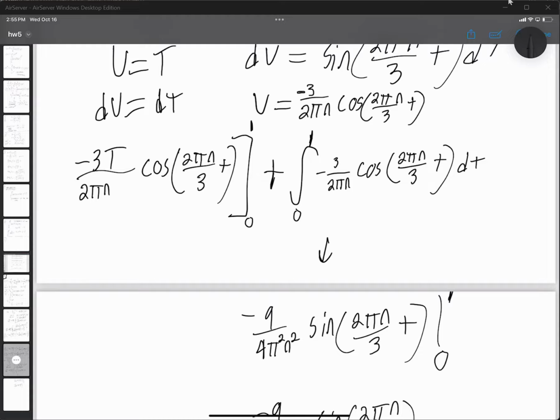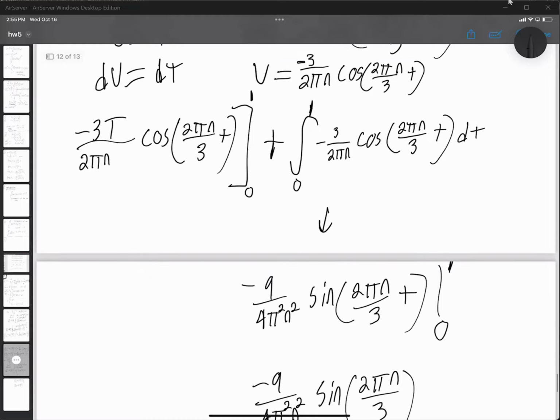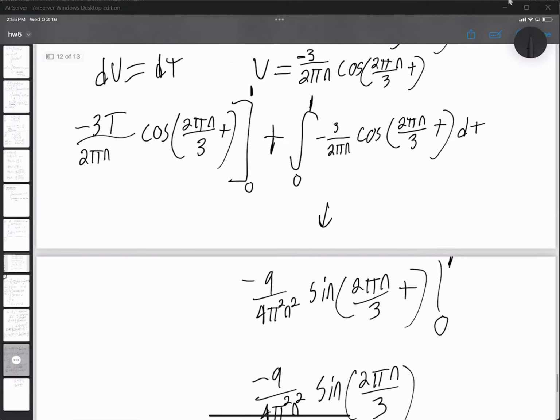Okay. So cosine. Let's plug in the numbers for cosine. We're going to get negative 3 at 1. If we plug in 0, t at 0 will make the whole function 0. So we're just going to get what it is at 1.